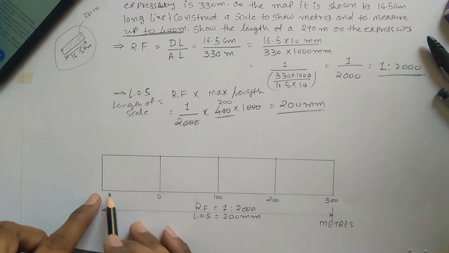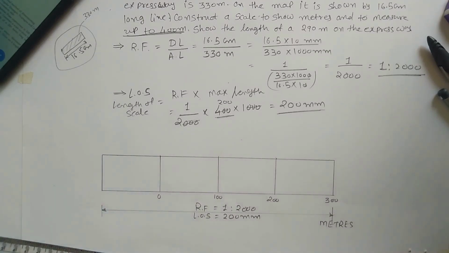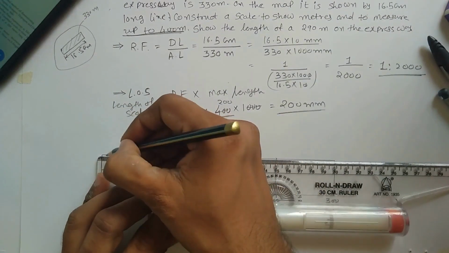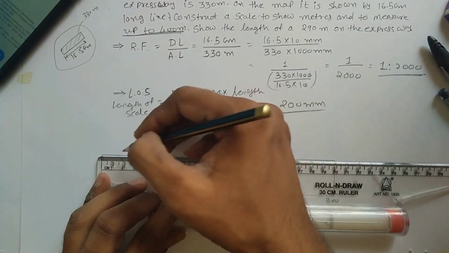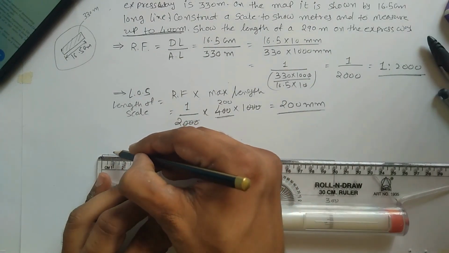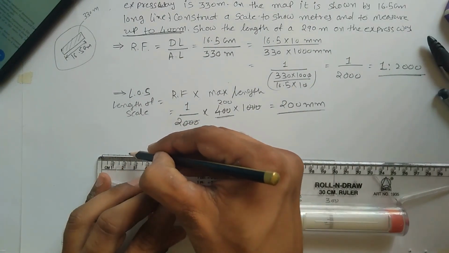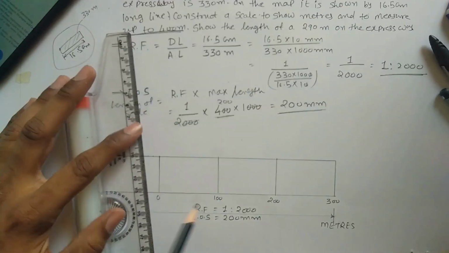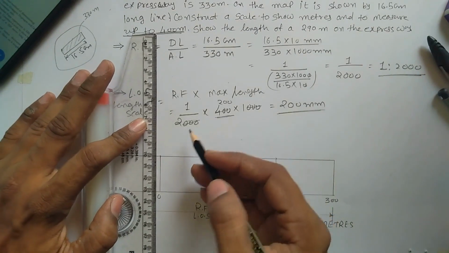We are just dividing the first part into 10 equal parts to measure smaller meters like tens. So this 5 centimeter divided into 10 equal parts, which is 5 mm each. Draw vertical lines from them.